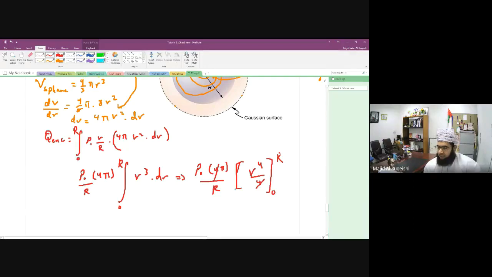And we are using the integration from 0 to capital R. So we substitute with capital R first. This will be capital R to the power 4 divided by capital R here. So then the result will be pi rho naught, R to the power 3.